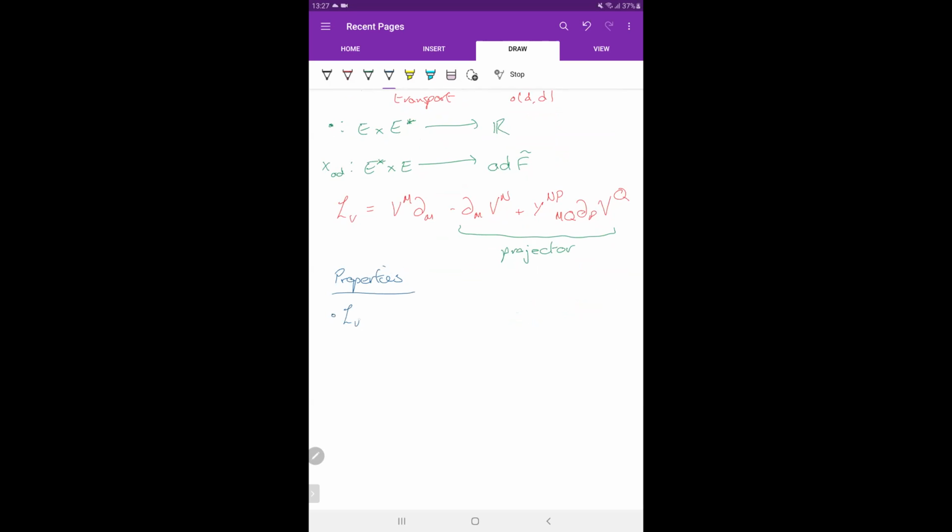First of all, it acts as a differential on itself. So this is already a little different to double field theory or exceptional field theory. It also acts as a differential on functions. But now we have to be a little bit careful because the vector field is a combination of vectors and one forms.